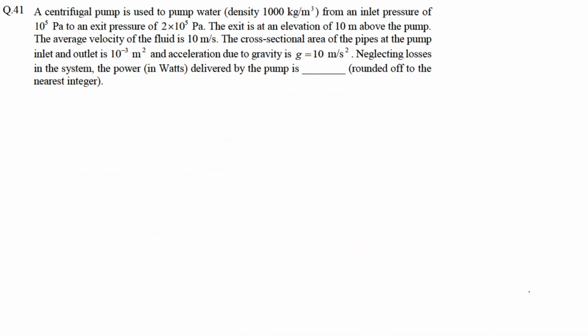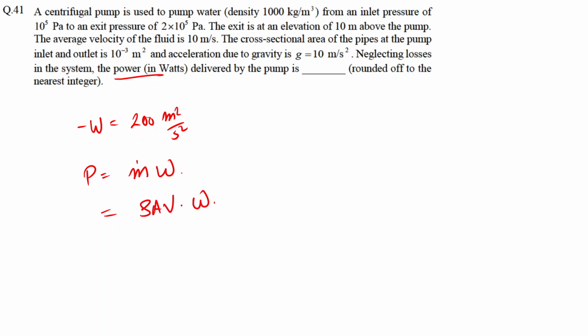So the work required we found out as 200, and in the question we have been asked to find the power. So power is defined as mass flow rate times of work done. So mass flow rate we can calculate using this rho A V into W. So density is 1000.